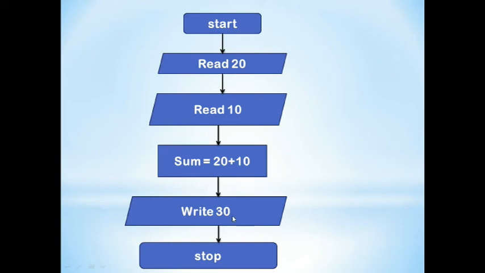Understand? And while making a flowchart, we have to follow some rules. The direction of flow in a flowchart is either from top to bottom or from left to right. This is one way of drawing a flowchart. In this flowchart, we have drawn from top to bottom, but we can also draw a flowchart from left to right.